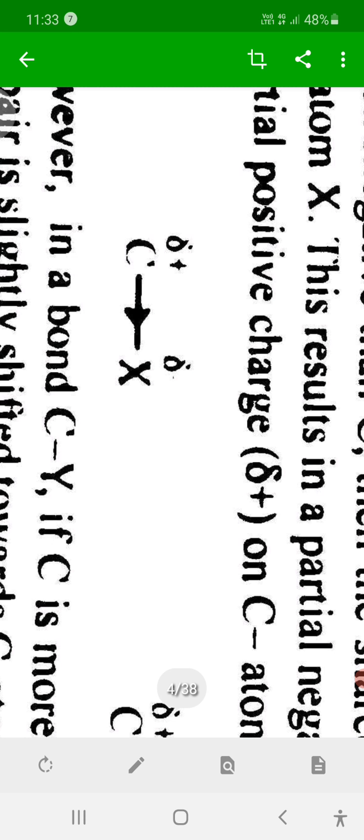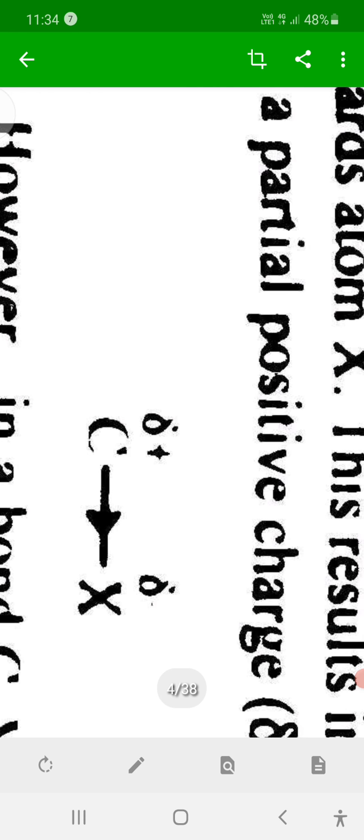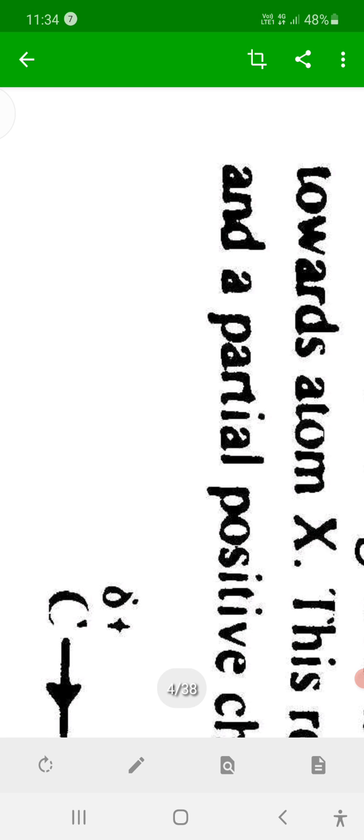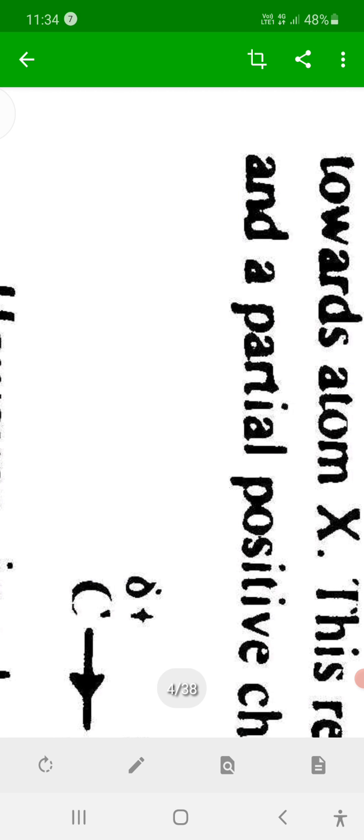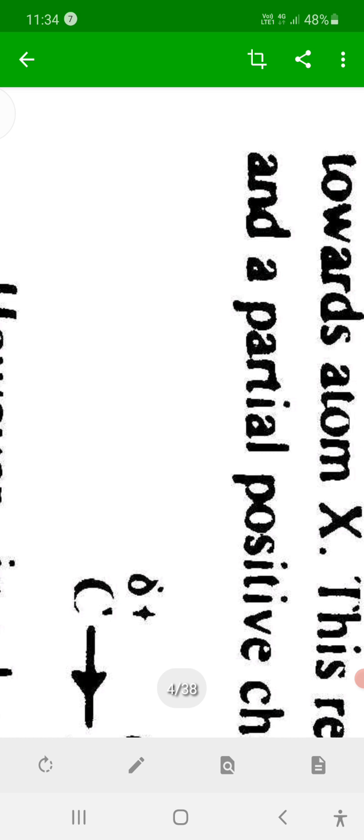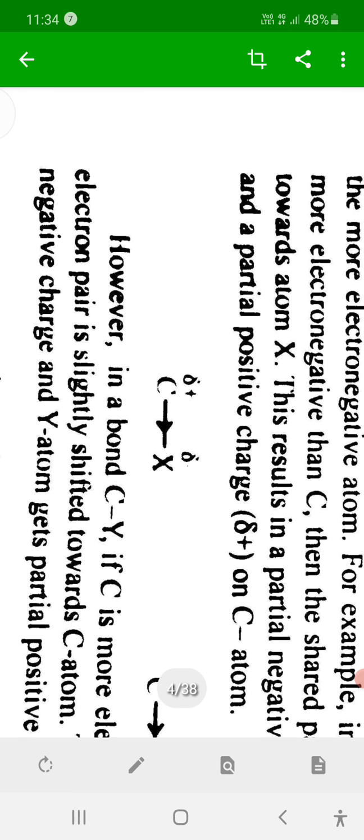And in the case of the less electronegative atom, that is the electropositive atom, what happens? Electron loss takes place, not complete loss but partial loss. Electrons are partially shifted towards the more electronegative atom, which results in the formation of delta positive, a partial positive charge.